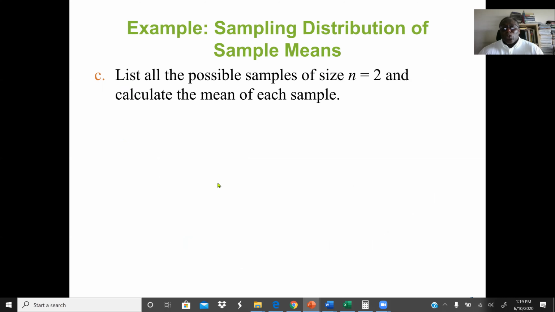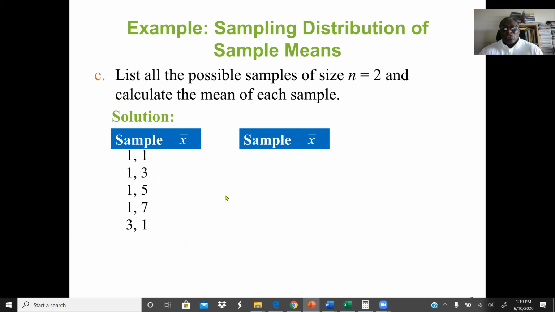Now part C says we should list all the possible samples of size n equal to 2 and calculate the mean of each sample. So for example, we have 1, 3, 5, 7. We can have 1,3, 1,5, 1,7, 3,5, 3,7, and 5,7. And that's what we have here. So we have 1,1, 1,3, 1,5, 1,7.